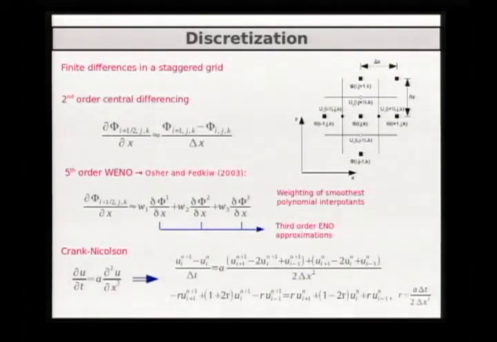For the discretization of the diffusive terms, we simply employ the second-order central difference, and for the derivative of the convective terms, we use a fifth order weighted ENO scheme, which basically takes the weighting of 3 third order polynomial interpolants. The scheme that we use in the integration is a hybrid scheme between Crank-Nicolson and Runge-Kutta.